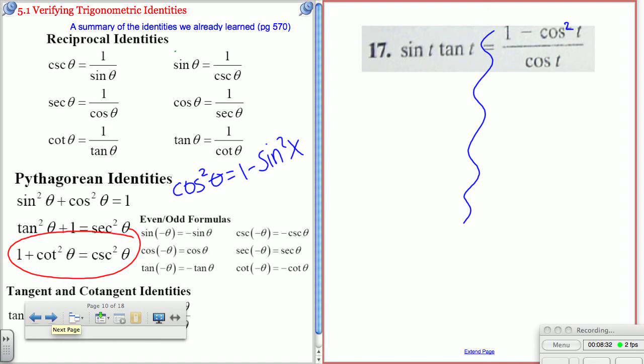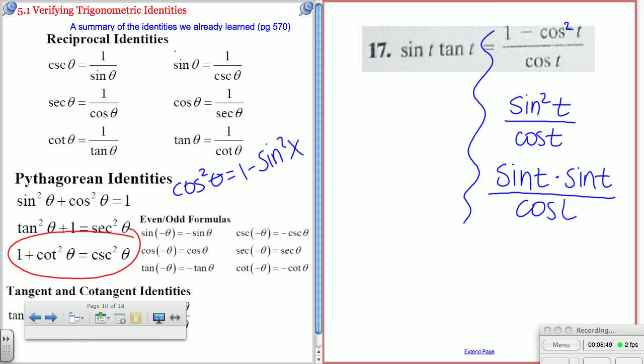Now I know 1 minus cosine squared theta equals sine squared, using a Pythagorean identity. Now this is like saying sine times sine. And I know sine over cosine, if I just pick one of those, is going to equal tan. So now I get sine times tan.